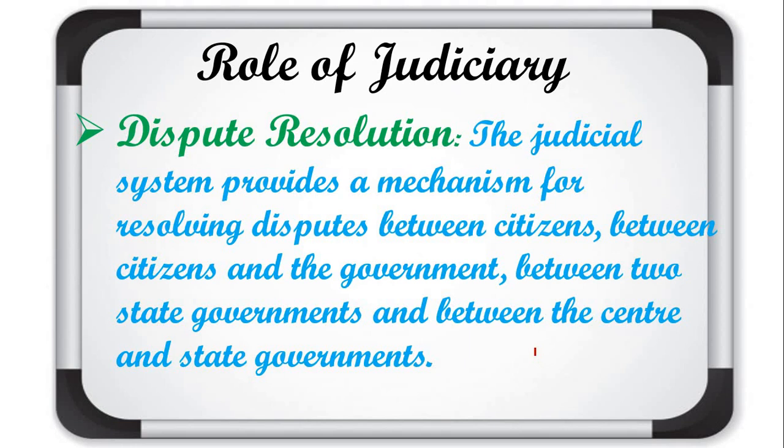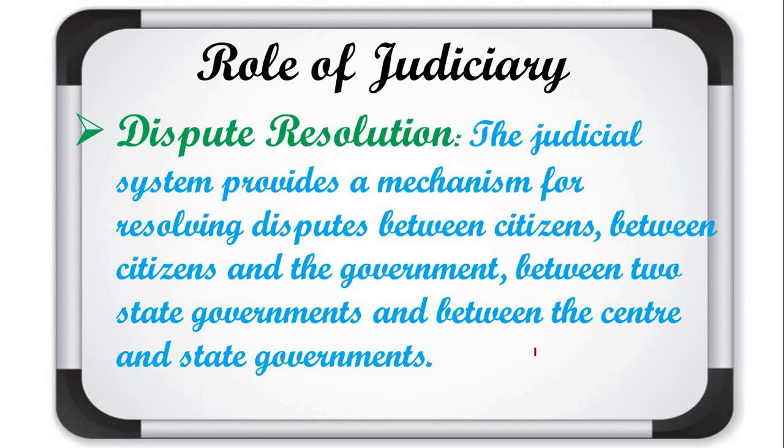All types of disputes, whether between two citizens, or between citizens and the government, such as when the government is not providing fundamental rights to the citizens, or a dispute related to land or property between two people. And disputes between state governments, especially related to land or river water. And when there is a dispute between the center and the state government.